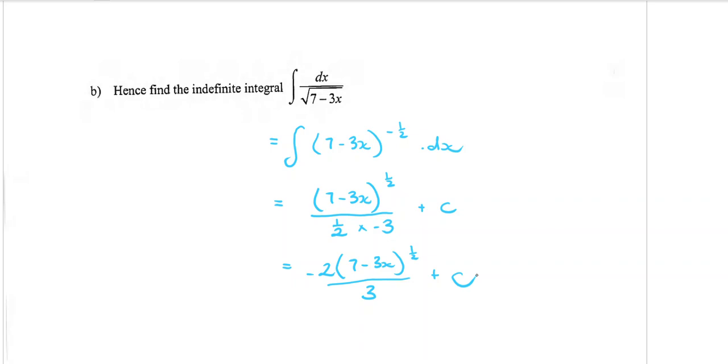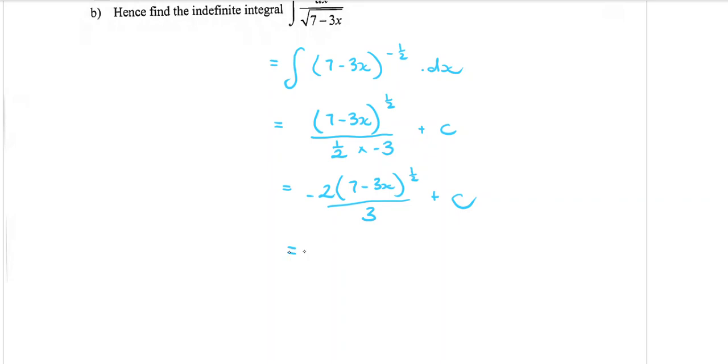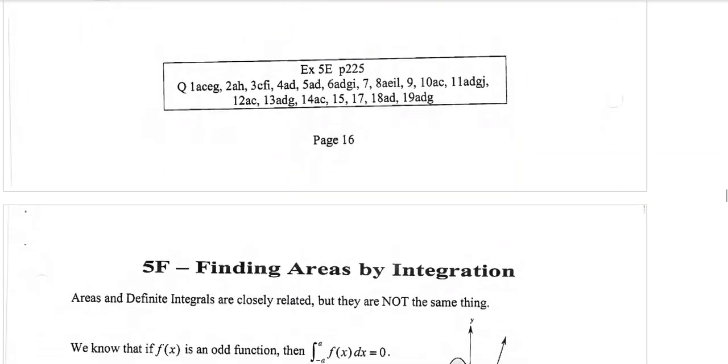My answer must be in square root form. So that's the power of a half. It just changed back to a square root. So minus 2 square root 7 minus 3x all over 3 plus c. Or, I mean, you could even write that as a little negative 2/3 out the front if you want. It means the same thing. All right, 5e.